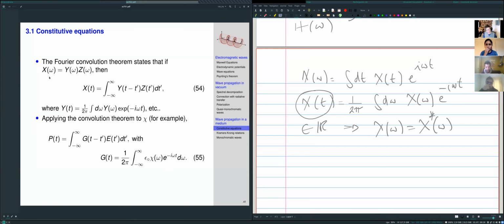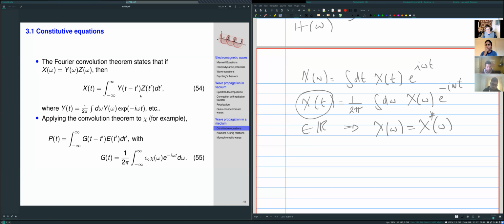If we have a product in Fourier space, if we say X is the product of Y and Z, then in real space, X would be the convolution of Y and Z. So this is the Fourier convolution theorem, which I'm sure you must have heard of. Okay.